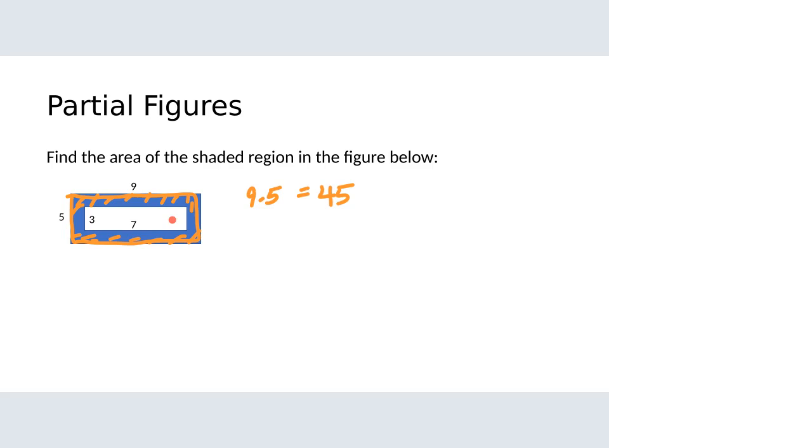And the area of the inside rectangle is just 7 times 3, or 21. So if I subtract that 21 off of there, I'm left with 24 for the area of just the shaded part. Outstanding. So if we do the big one, subtract the one that's inside of it, we'll get the area of the blue part that surrounds it. Really good.